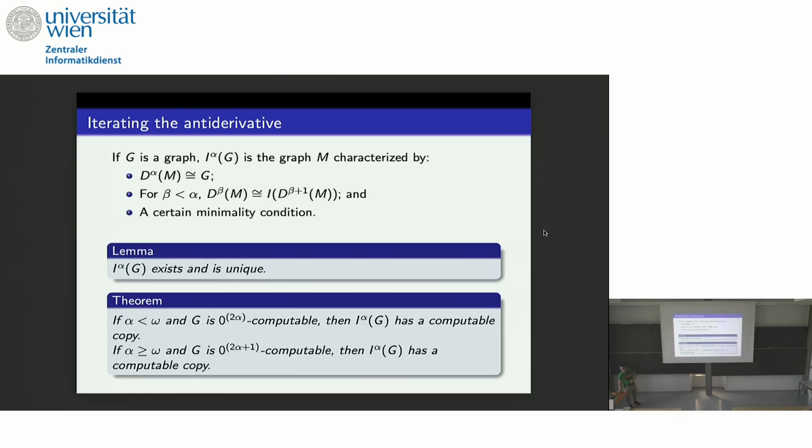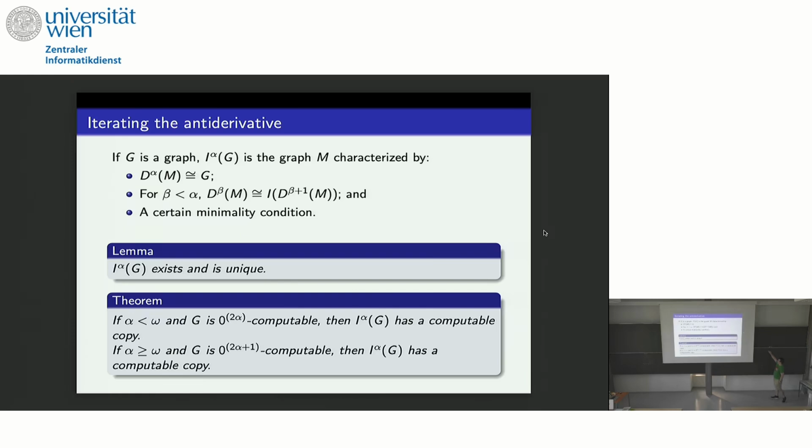I'm going to give a kind of category theory flavored description of the antiderivative. So the antiderivative will be a graph M. I was running out of letters for graphs. I can start taking derivatives of M. I can take the first derivative, the second derivative, all the way up to level alpha.